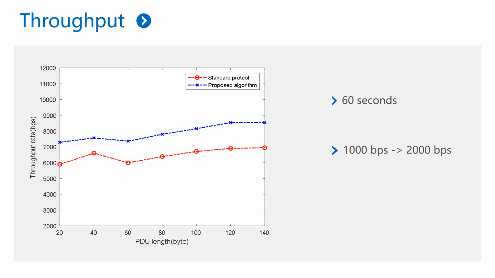As the results show, the throughput of an IoC protocol stack using the polling TCPW adaptive algorithm is more than 1000 bps higher, sometimes even 2000 bps higher, than that of a standard protocol stack. The result indicates that the polling TCPW algorithm can improve the throughput of an IoC protocol stack.